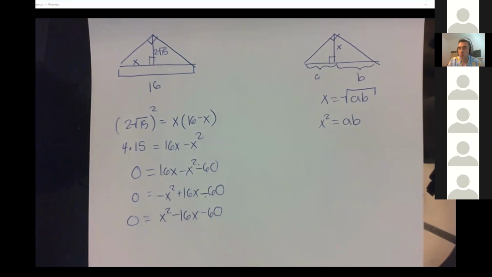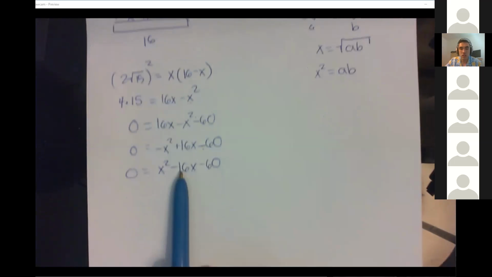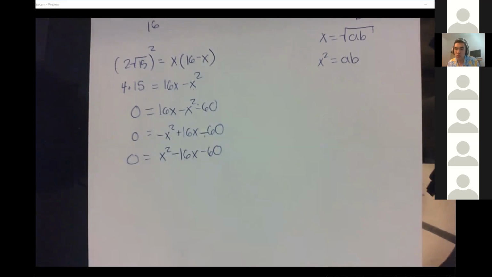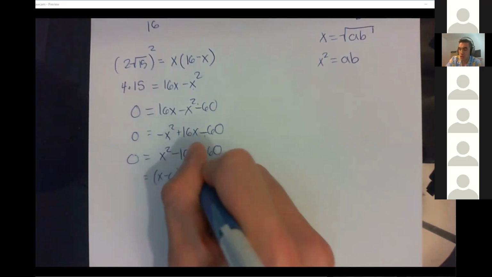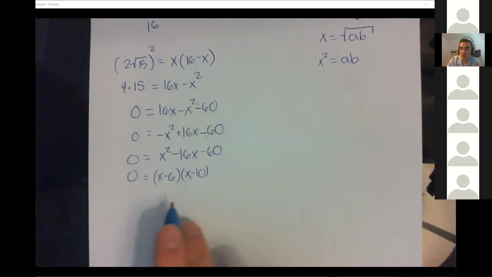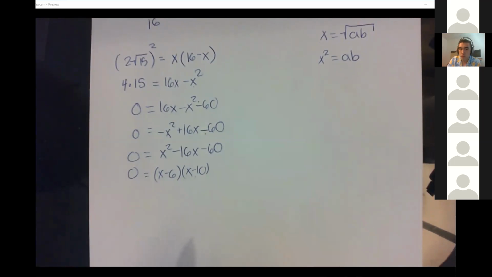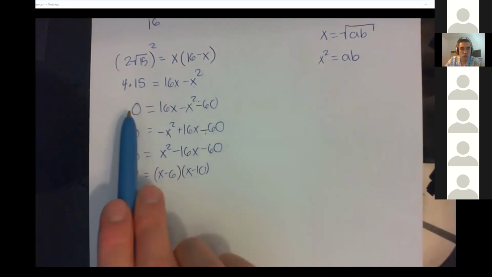I need two numbers that add up to negative 16 that multiply to negative 60. Can you think of two numbers that do that? Negative 6 and 10. So this is equal to x minus 6 times x minus 10. Either one of these two can be 0. And so... wait, shouldn't it be x plus 10? Or else it wouldn't be negative when you multiply it. So this was 60.